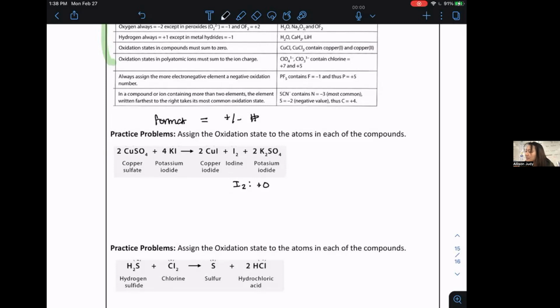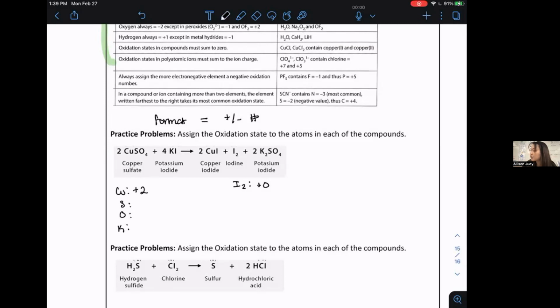We are told that the charge of a monoatomic ion is its oxidation state. So for copper sulfate, copper is a 2+ charge. It will have a +2 oxidation state. We still need to figure out sulfur and oxygen because that's not a monoatomic ion. That's a polyatomic ion. But we do know potassium.